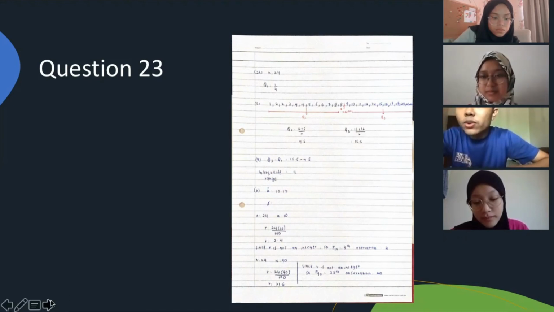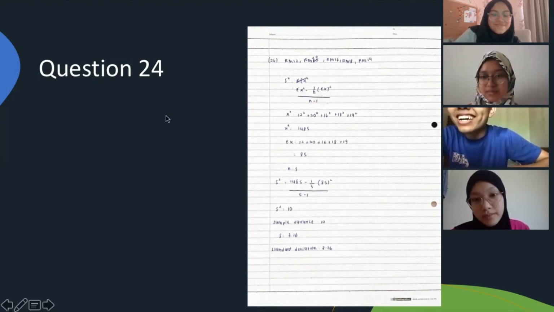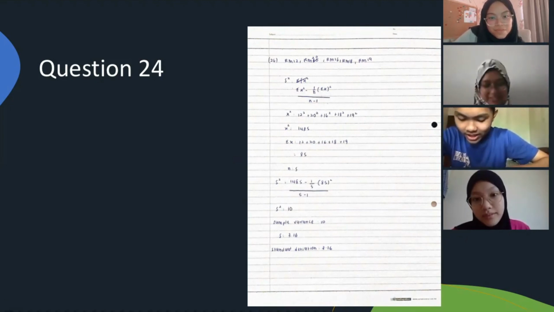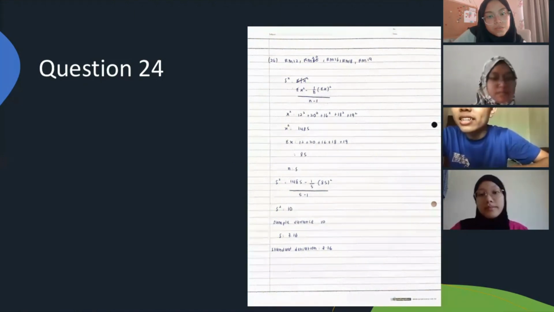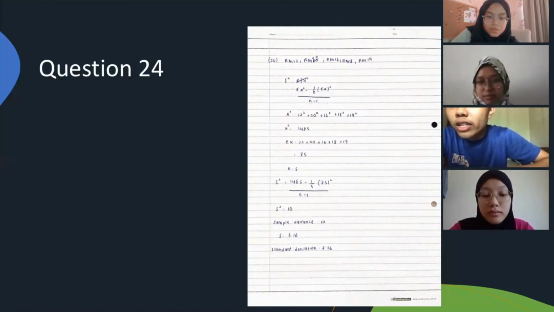Next, for question 26, the values are RM12, RM20, RM60, RM80 and RM90. First of all, we have to find the sample variance and standard deviation. For the sample variance, we find the summation of x squared, and we get 1485.